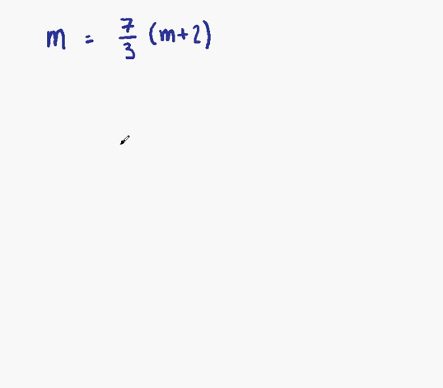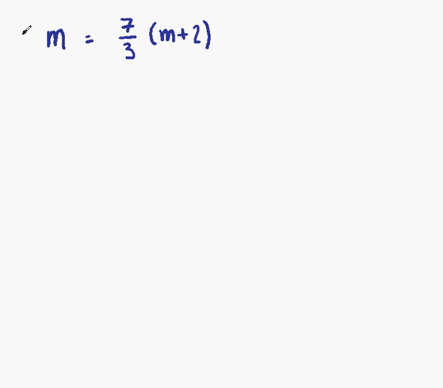If we think back to our rules, our first step is to remove any fractions that are attached to letters. So on this side we have 7/3 times m plus 2. That's just the same as 7 brackets m plus 2 divided by 3. In order to remove the fraction, we must multiply both sides by 3.